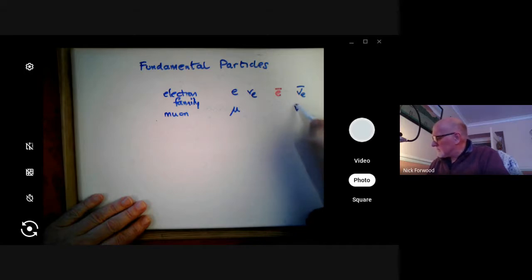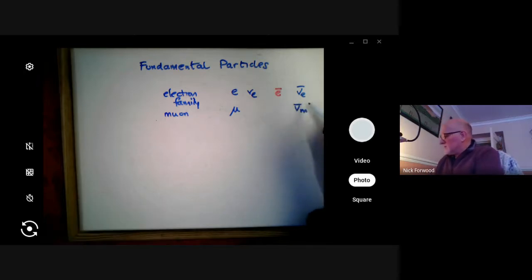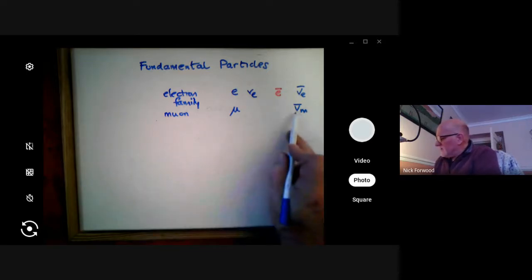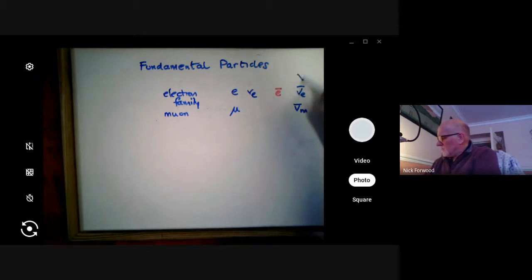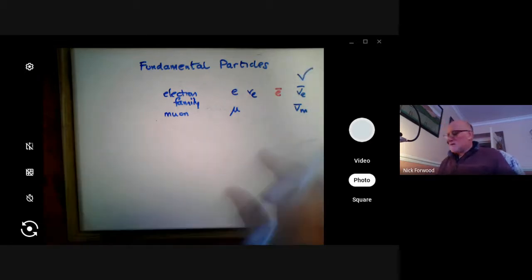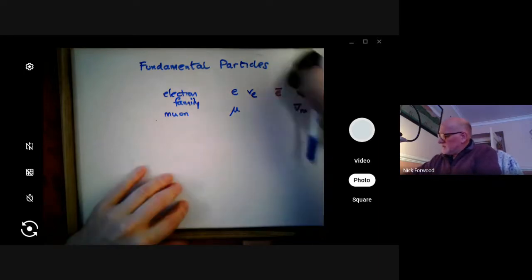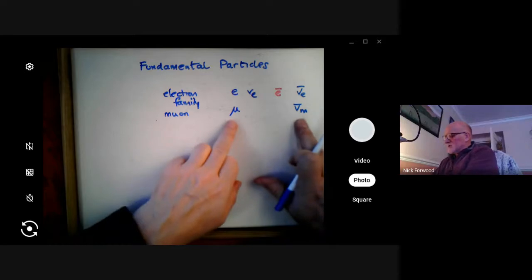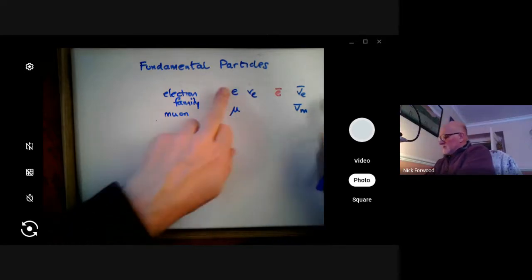And some of these names get quite complicated, and the symbols are quite complicated. Remember, the bar across the top means it's an antiparticle. The V-shaped symbol should actually be more like that with a sort of tail on it. The V-shaped symbol is the neutrino. So these two are caused in exactly the same way as these two.